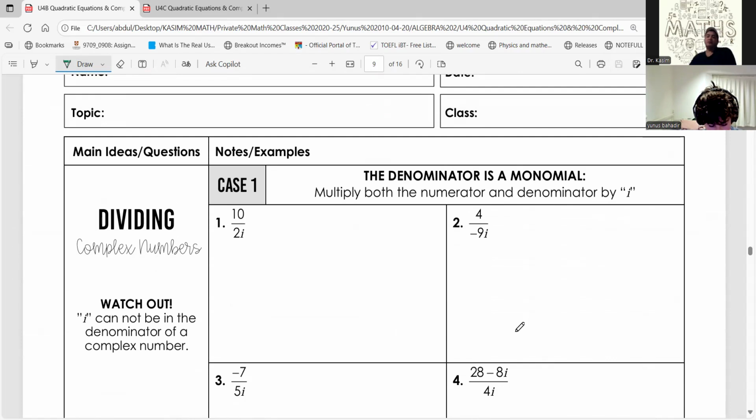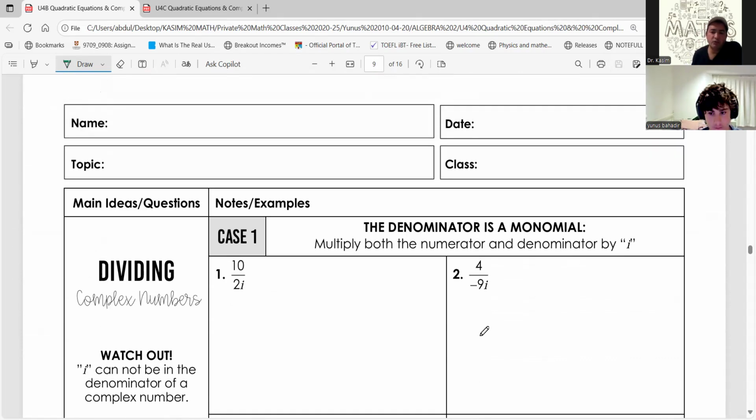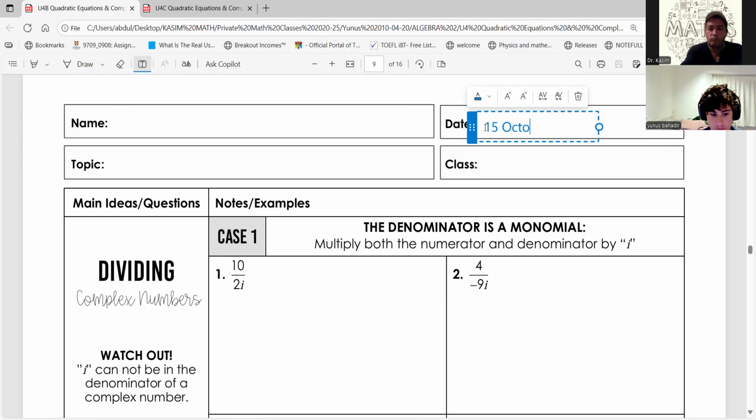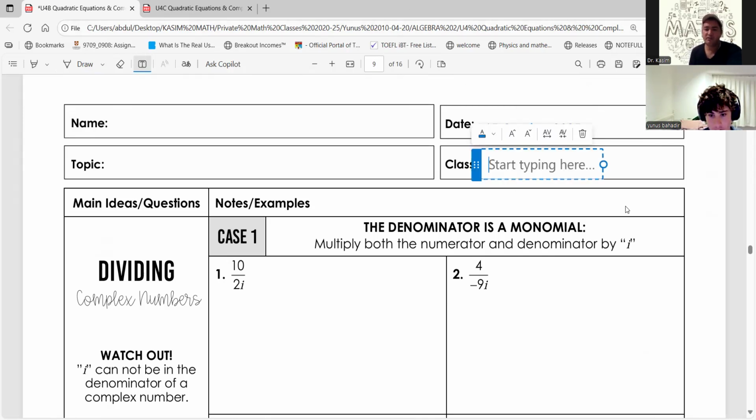Now dividing complex numbers. So once again, how do we convert a complex number to a real number, Yunus? Wasn't it like a pattern? No, we have just learned something, right?